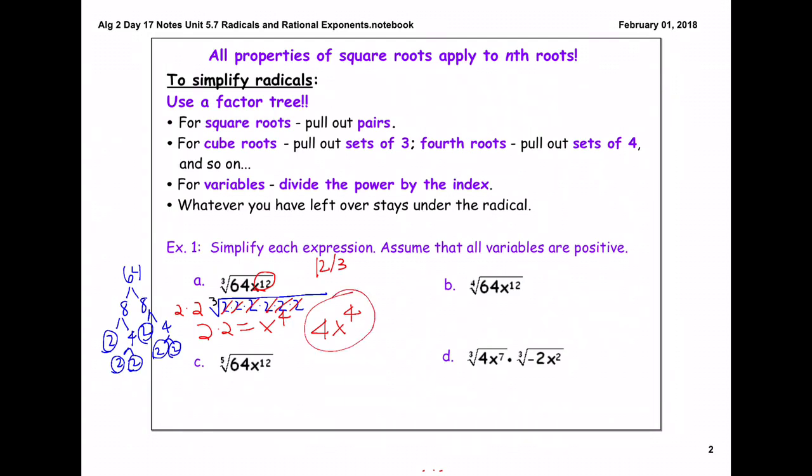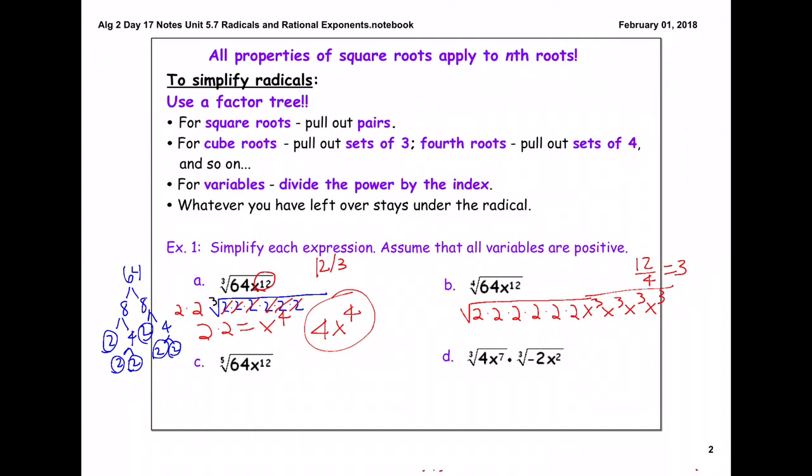So for the fourth root of 64, our prime factorization of 64, remember, is 2 times 2 times 2 times 2 times 2. We had 6 2s. We're going to do 12 divided by 4, which gives us 3. So technically we have 4x to the third.